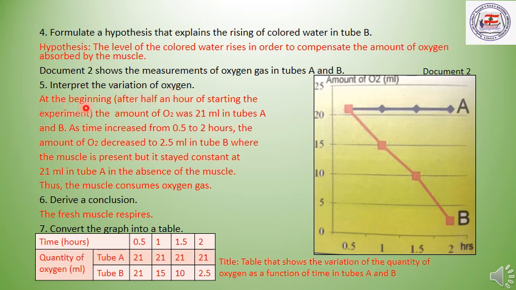Answer. At the beginning, after half an hour of starting the experiment, the amount of oxygen was 21 milliliters in tubes A and B. As time increased from 0.5 to 2 hours, the amount of oxygen decreased to 2.5 milliliters in tube B, where the muscle is present, but it stayed constant at 21 milliliters in tube A in the absence of the muscle.